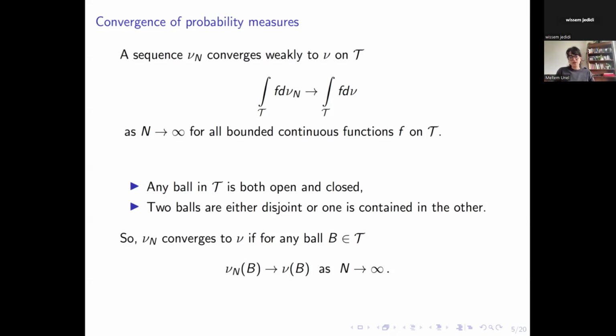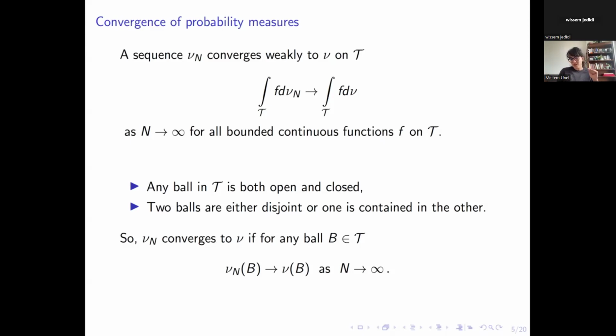So now I will take some sequence of measures and try to study the limit of this sequence of measures. But how do I do it practically in the case of these discrete trees? This space of trees T exhibits some properties that facilitate the study of this sequence of measures.